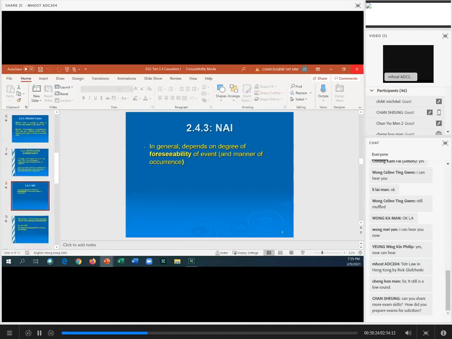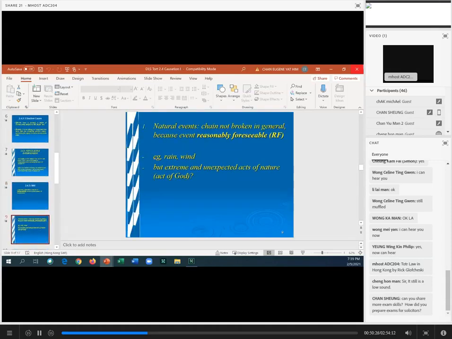A little bit more on what we mean by reasonable foreseeability. Well, obviously, natural events would be reasonably foreseeable, so they would not break the chain of causation, like rain and wind. But sometimes there might be exceptional acts of God that could break the chain of causation.